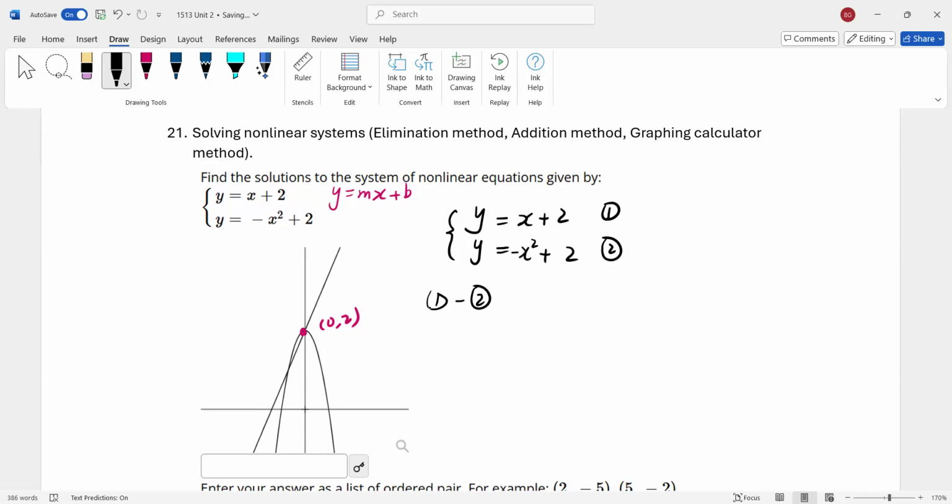What if we use equation 1 minus equation 2? Do you think the left side is going to become 0? And the right side, do you think we can get rid of the constant 2? So that's the idea, all right, for this specific system. So we're going to apply addition method.